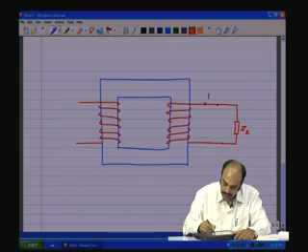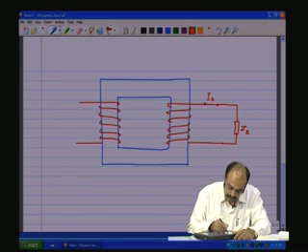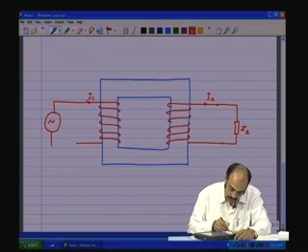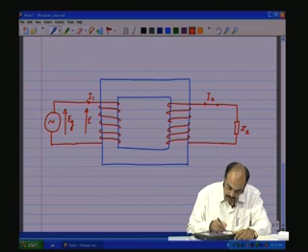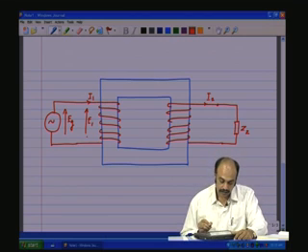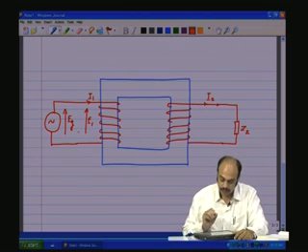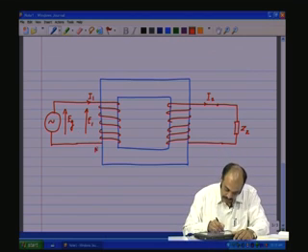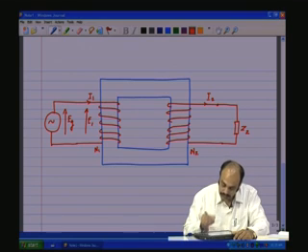There is a current I2 which is flowing here, there is a current I1 which is flowing here, and there is a voltage source with effective value Eg and induced value E1, Eg equal to E1. Now, this is having N1 turns and this is having N2 turns.